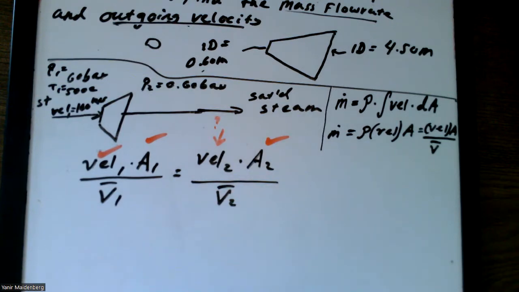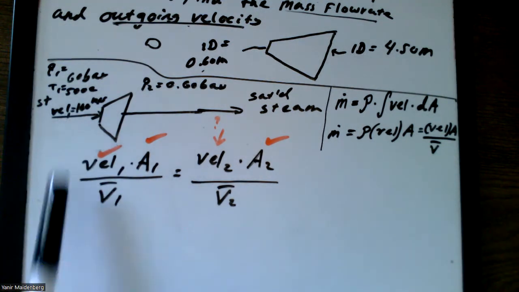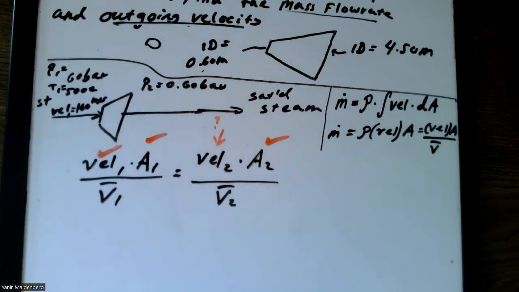And they're not really specifying the specific volume for any of these. They're giving us for state one the pressure and the temperature. So just from that alone, we could probably determine the specific volume, because only two intensive variables are required to define a state, as we've discussed.